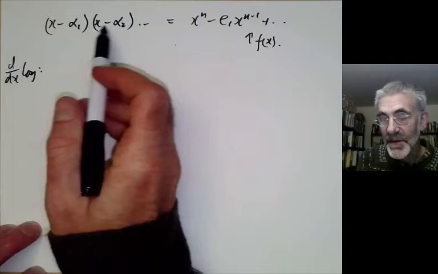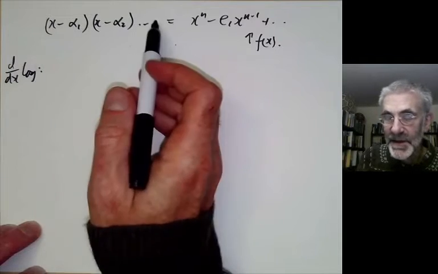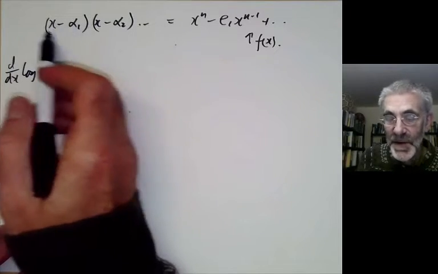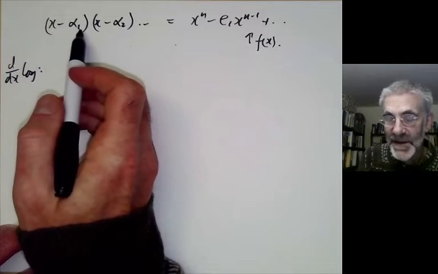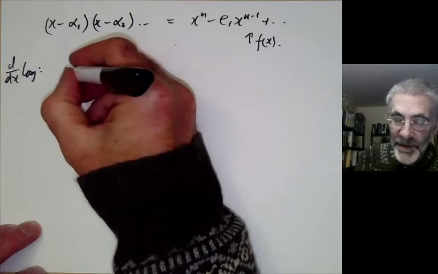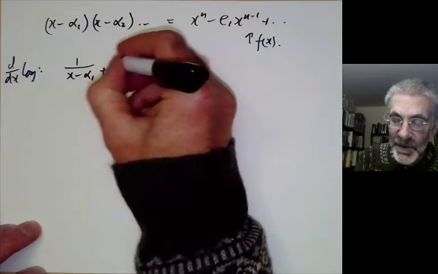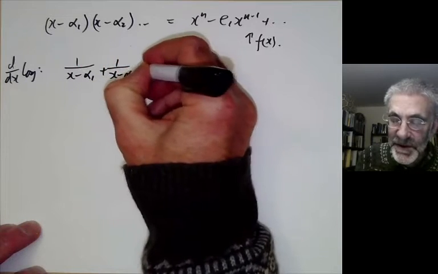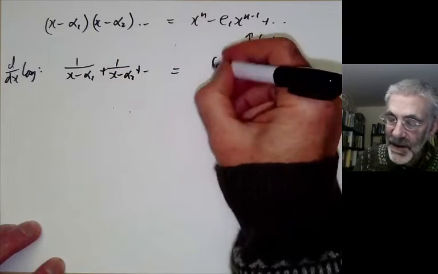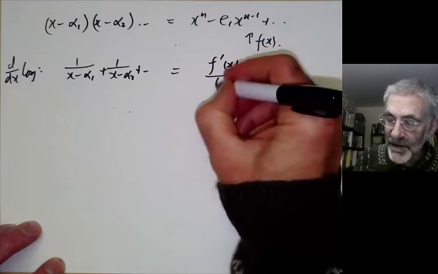Well, the logarithmic derivative converts products into sums, so this is the sum of the logarithmic derivatives of x minus alpha i. So we're going to get 1 over x minus alpha 1 plus 1 over x minus alpha 2 and so on. And here we're going to get f prime of x over f of x.